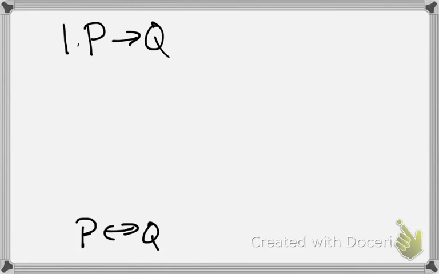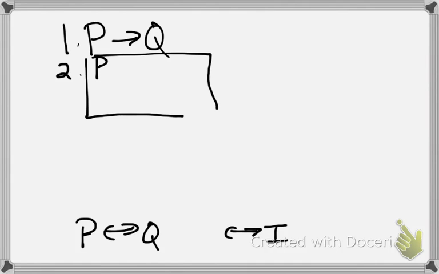So suppose we have the formula P arrow Q. And what we want is P if and only if Q. Now, we could get this through a double arrow introduction. We could assume P, try to get to Q, which would be easy using double arrow elimination.